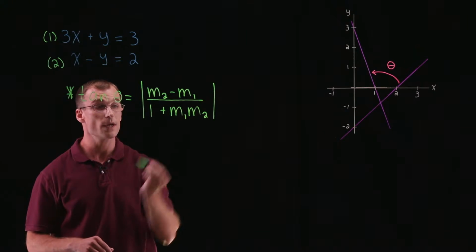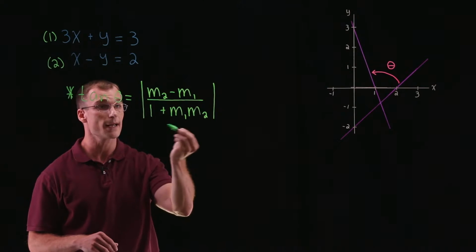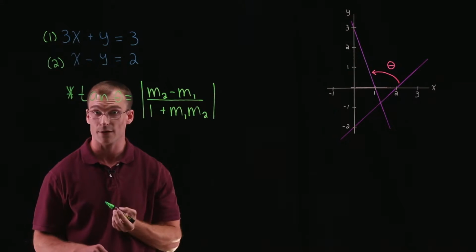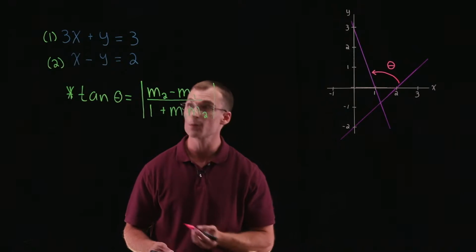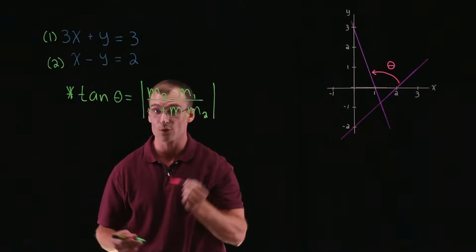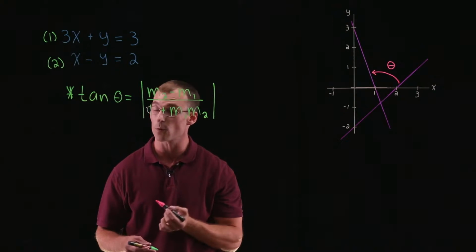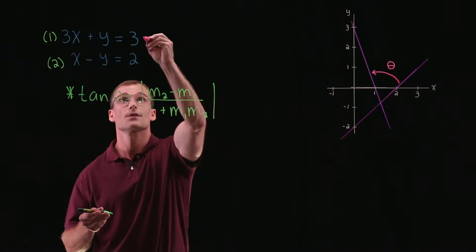So, going back to our equation, eventually we're going to solve for theta, but first we need to simplify the right-hand side by plugging in our m2 and our m1. So let's go ahead and find that. We'll find the two slopes by solving each of these equations for y, or rewriting it in slope-intercept form, y equals mx plus b, namely to find the m's.